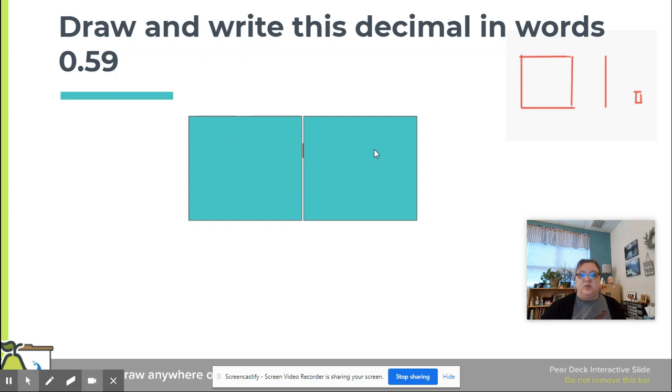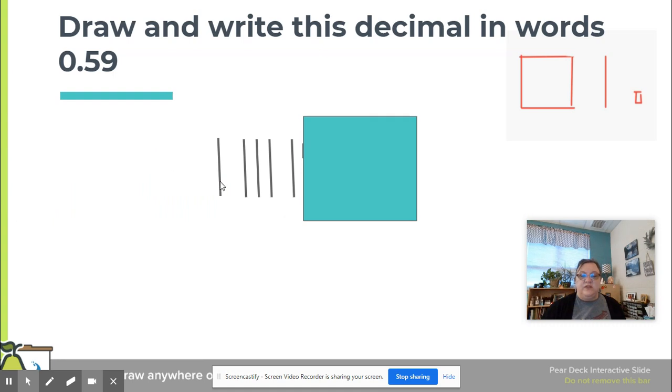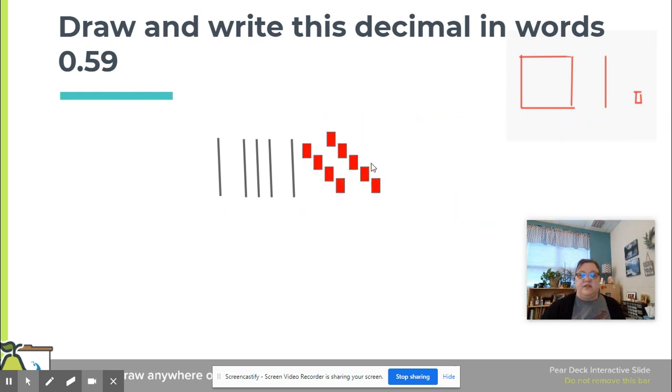So when we make this as a picture, we would need 5 of these strips and 9 of these units. So to draw this decimal, we need 5 of these, because we have 1, 2, 3, 4, 5 in the tenths place, and these are tenths. Then we need 9 of the units.